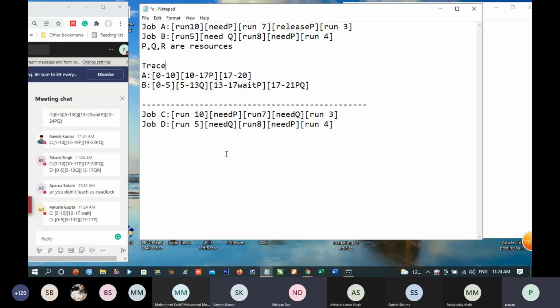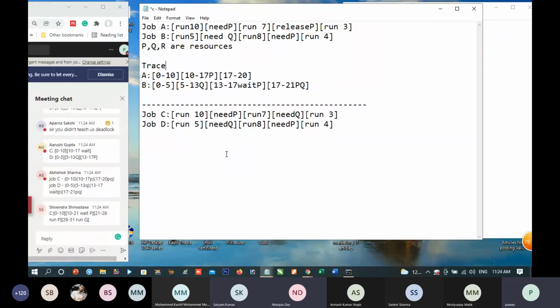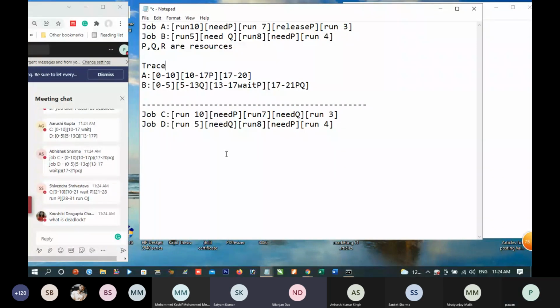Sir, why will job C wait from 10? It will not wait. Shivendra, it will not wait at 10. Okay. Let us further proceed. I will explain. Let us see what C will do.